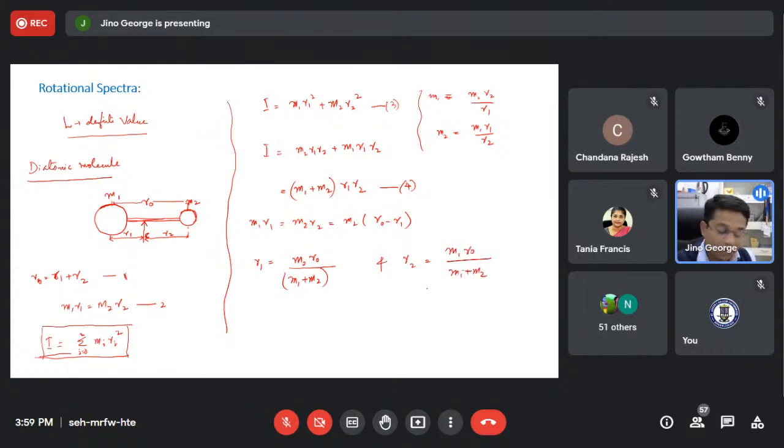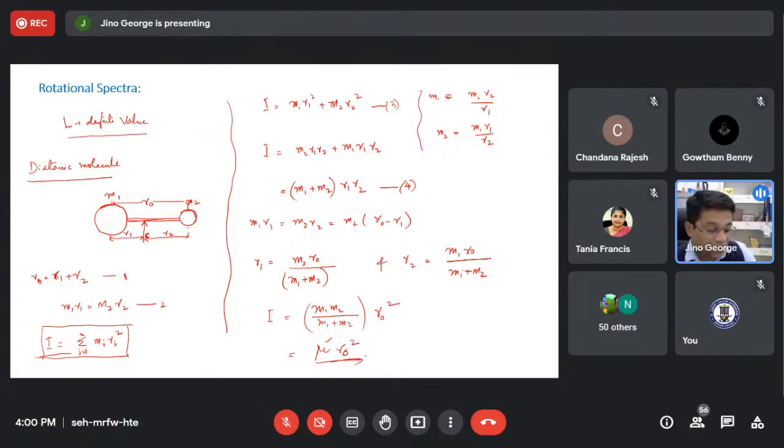So finally this expression comes as I is equal to M1 M2 divided by M1 plus M2 into R0 square. This will be equated as mu into R0 square, where mu is called the effective mass and R0 is the total length, which is nothing other than the bond length.